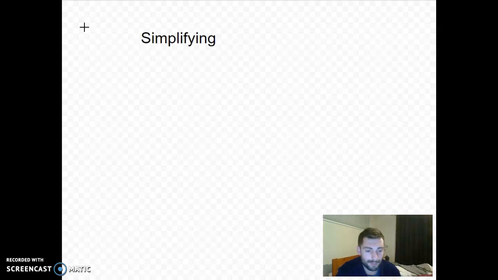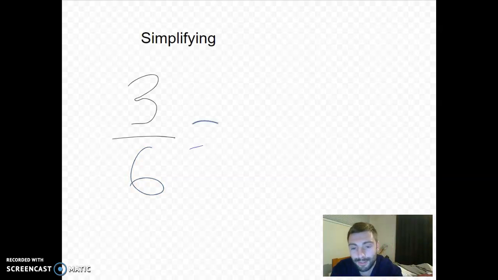So, I'm going to start with a really basic one, and that basic one is going to be 3 over 6. Now, I can look at 3 over 6 and I can see straight away that's the same as half.